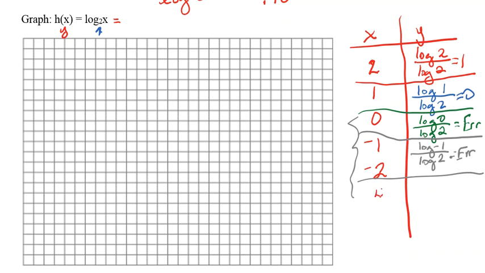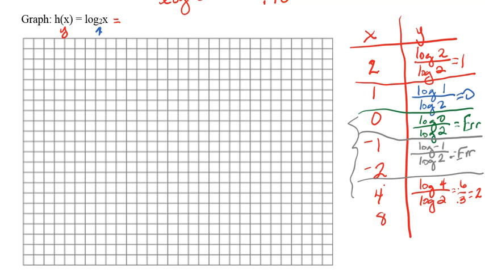So let's try 4. Log of 4 divided by log of 2. That is 0.6 approximately divided by 0.3. So that is 2, which makes sense because 2 squared is 4. Let's try 8.